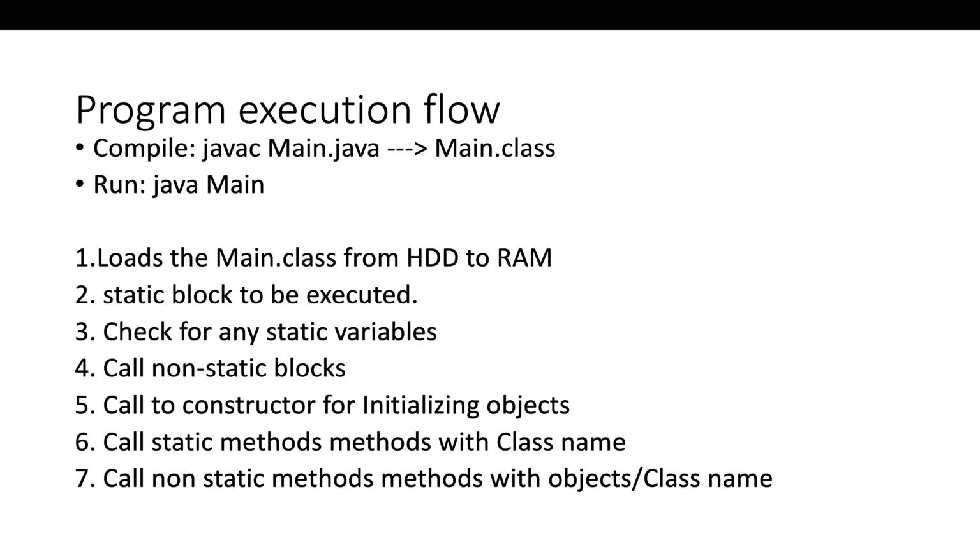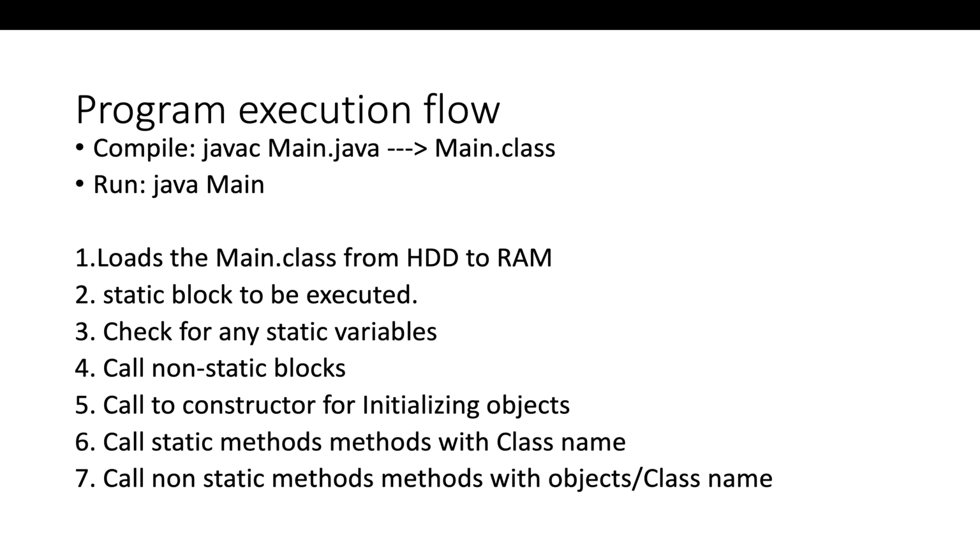If you have a static variable, initialize it. Once the static block is executed and the static variable is initialized, the next step is executing the non-static block. After that, it will check for the constructor. If you have defined any user-defined constructor, it will call that constructor to initialize the object.